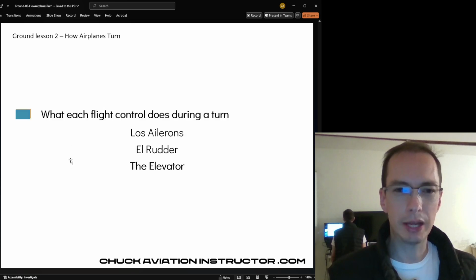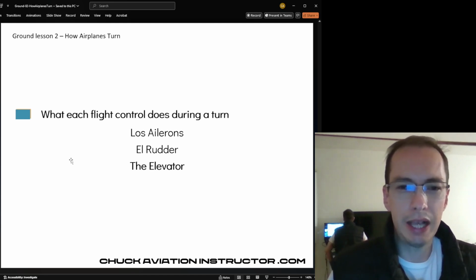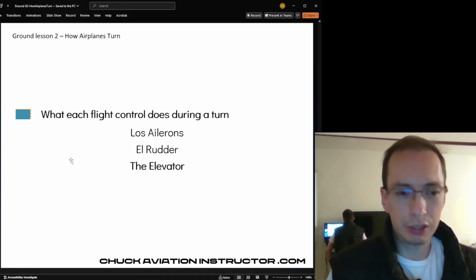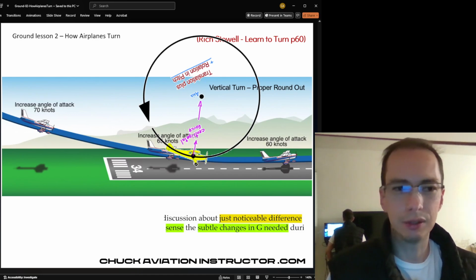So, summary, takeaways. We have covered all the 3 primary flight controls plus the throttle on how they help particularly make a turn. And what is a turn? Any time that your plane is not going straight.